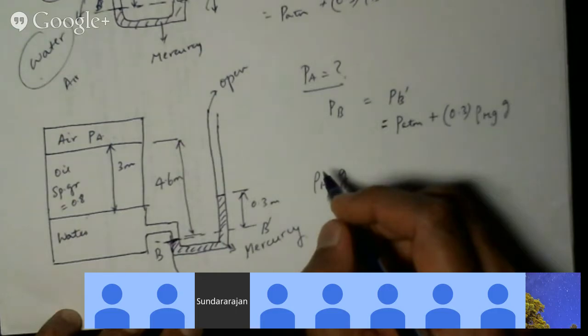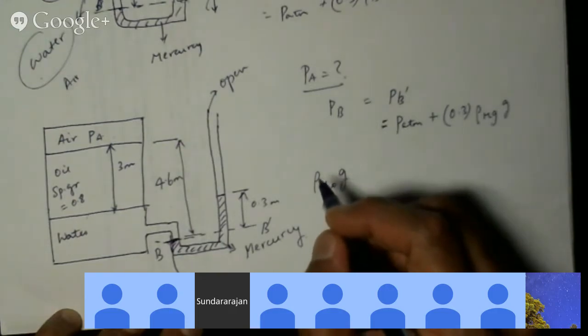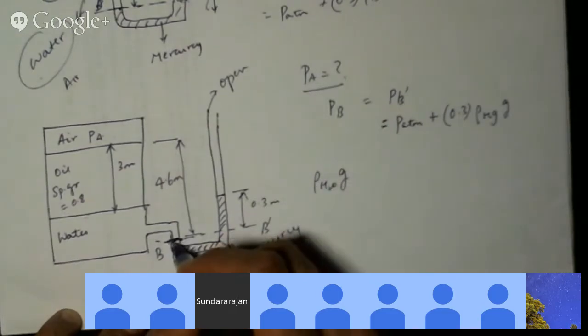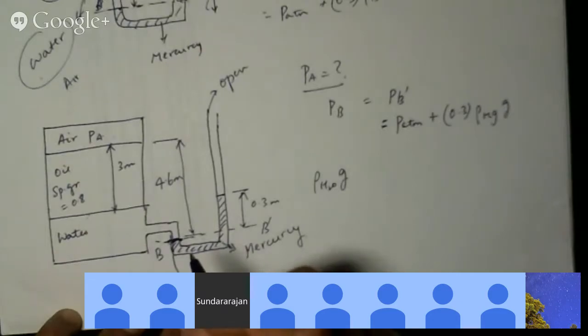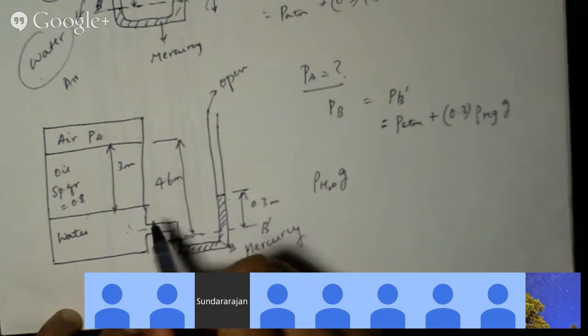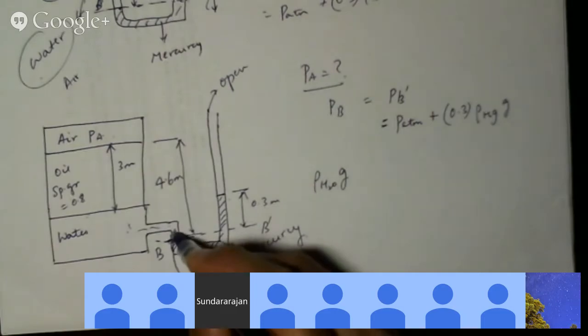I was confused about the height part. What is the height of the water column? What is the height of water above that point? 0.3. No, what 0.3? This is mercury. This is water. Wait, the height of where? This is water.